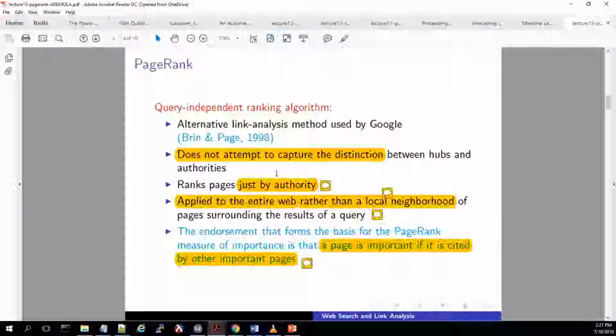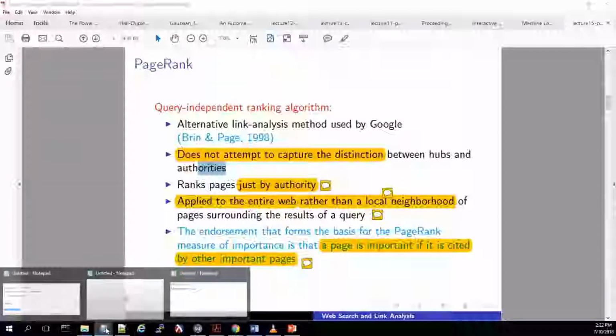Now, in page ranking, web page ranking, a hub is a page that is pointing to another page, while an authority, a page is referred to as an authority when it is being pointed to by many pages.